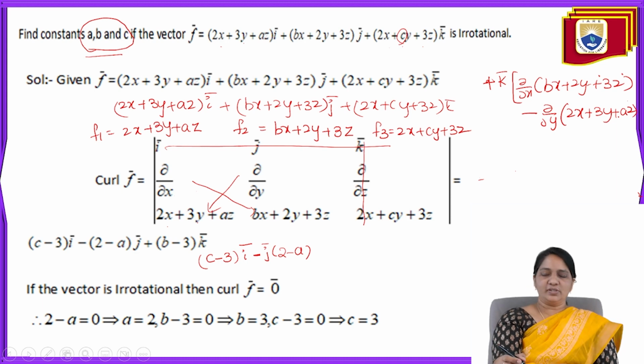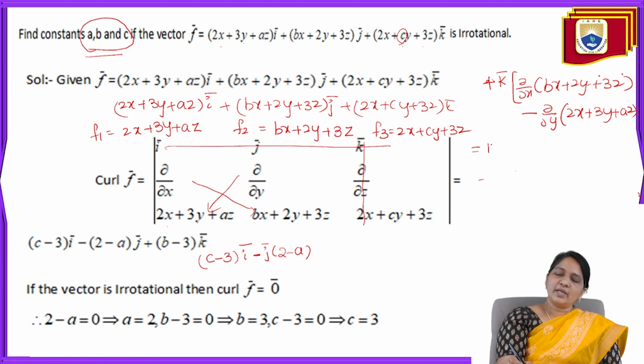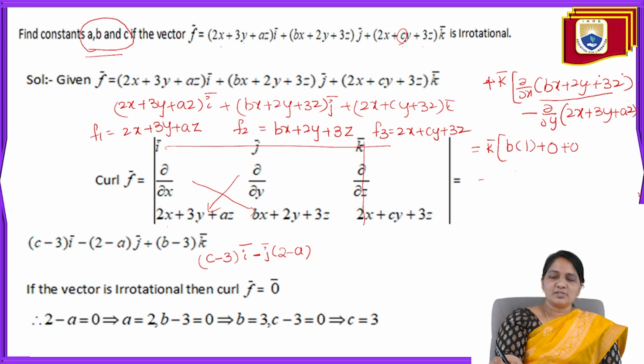Now I'm going to do this value here. So k bar into ∂/∂x of bx plus 2y plus 3z. b into the x derivative is 1. Plus 2y, 2 and y both are constant, so this is 0. Plus 3z, 3 and z both are constant, so this is also 0. So the first value is b.